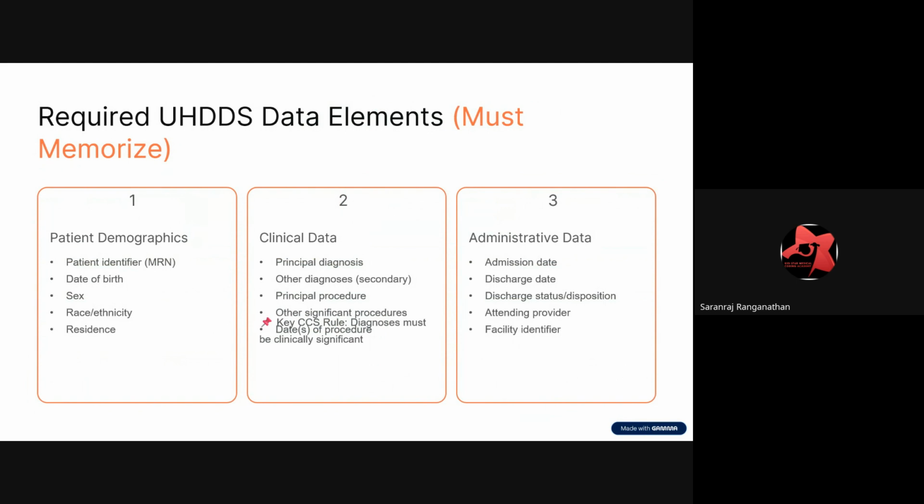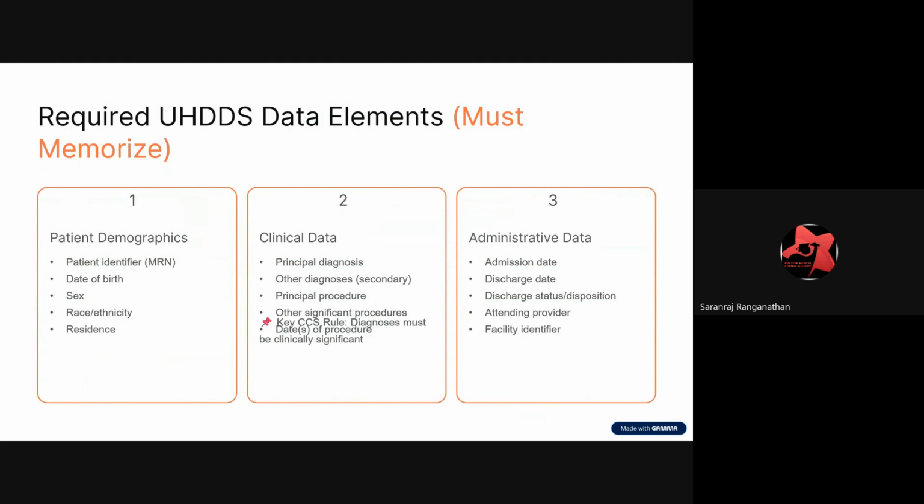The clinical data includes principal diagnosis and other diagnoses, which are secondary, principal procedure, and other significant procedures. Key rule: a diagnosis must be clinically significant. Also the dates of procedures. These are all mandatory for the clinical data. Third is administrative data: admission date, discharge status, disposition, attending provider, and facility identifier. These are all mandatory for the UHDDS.